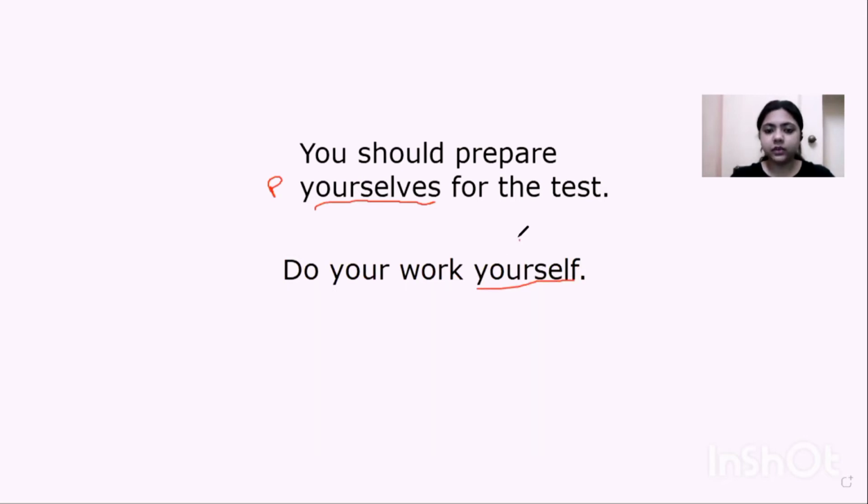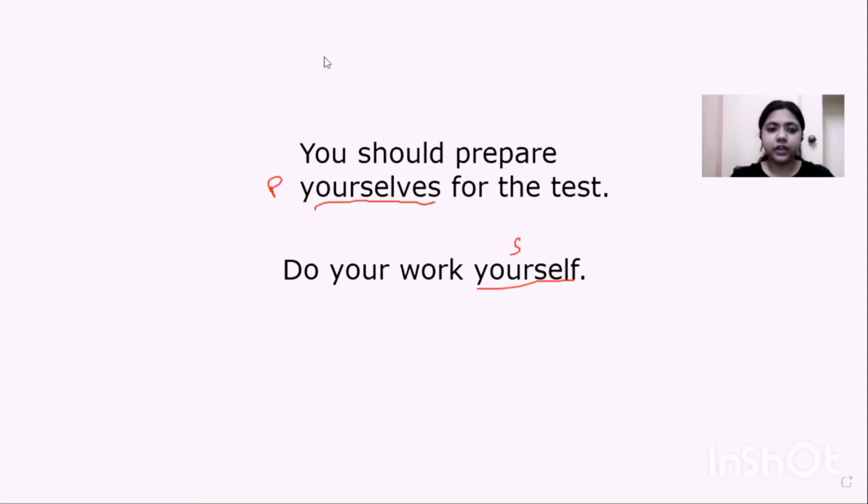Self is the singular number. So when we are referring to more than one person, we use yourselves, with selves. But when we are talking to one person only, then we use yourself. So for plural, this reflexive pronoun takes selves.